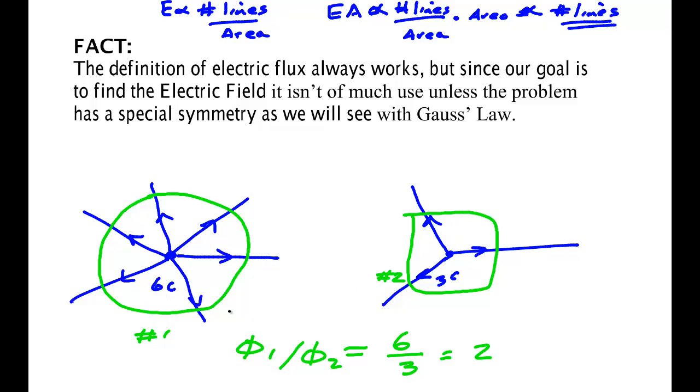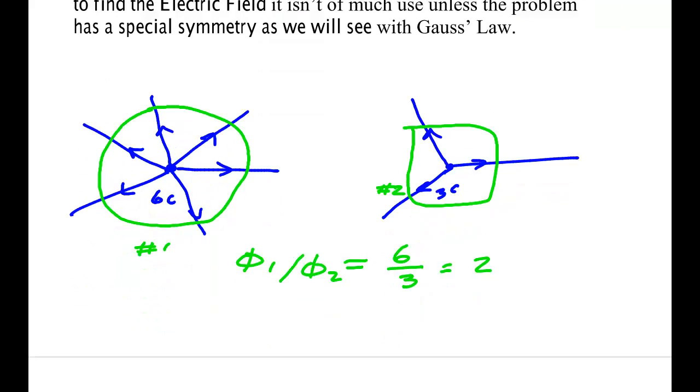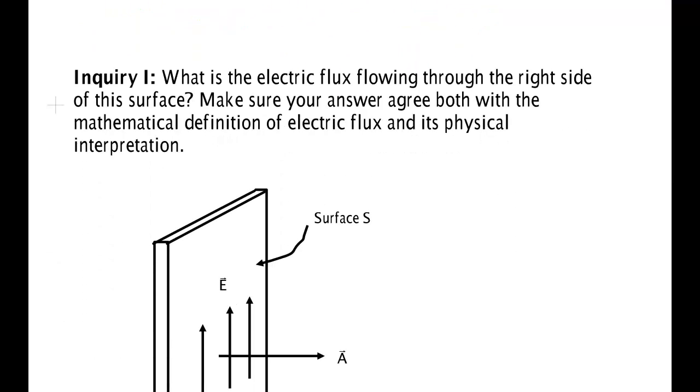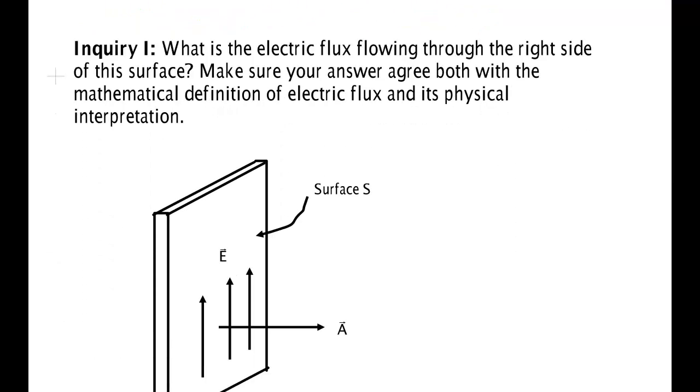So in my case, when I build a closed surface, there's a relation of the charge to this ratio of flux. We want to be able to build a statement about flux and the charge inside of your shape. This is called Gauss's law, and this is what we will be dealing with in a later video. All right, that's for this video. We'll come back and finish our discussion of flux in the next video.